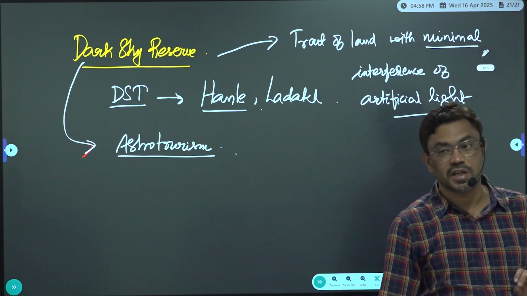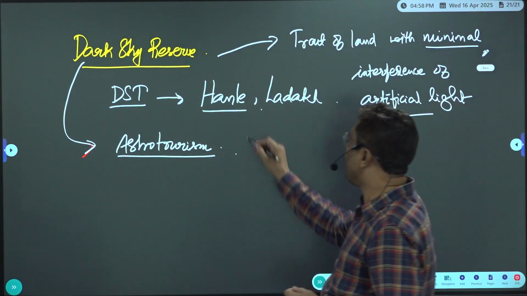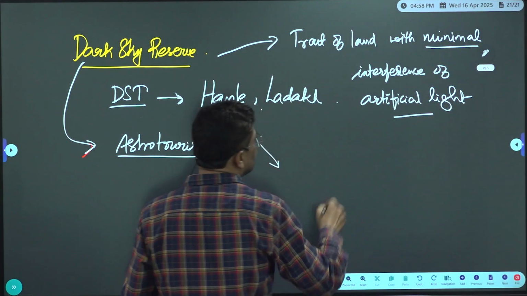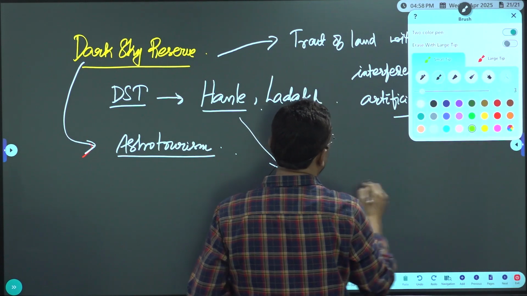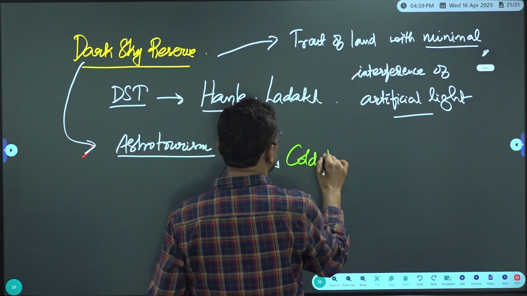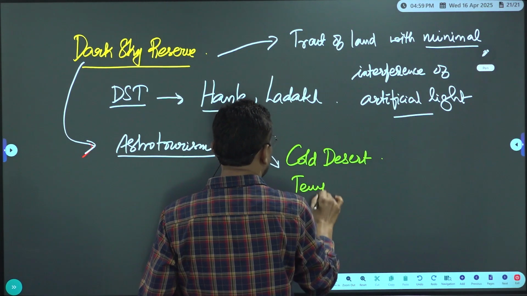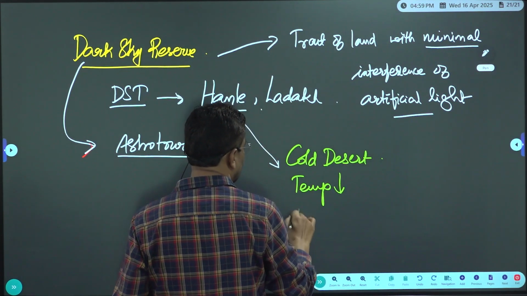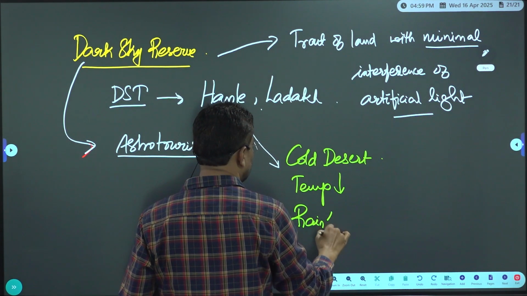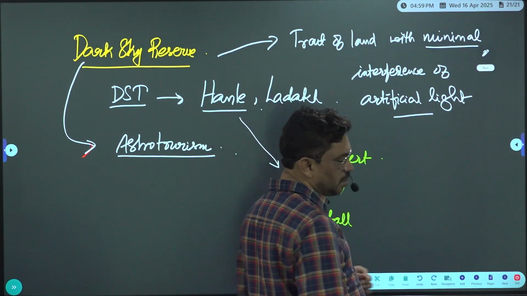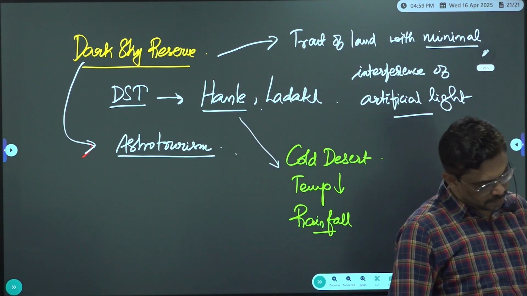Hanle, Ladakh is a natural choice because it is a cold desert. The temperature is low and there is very little rainfall.